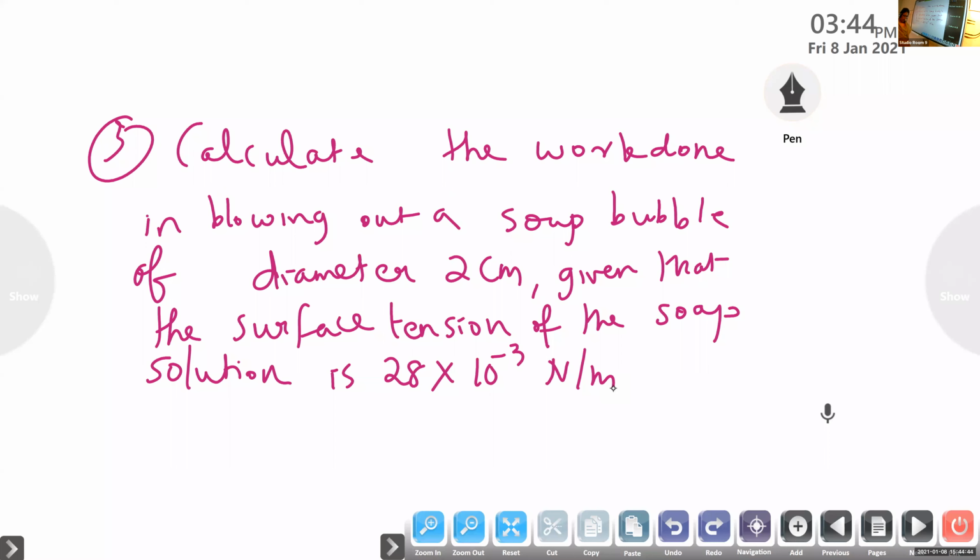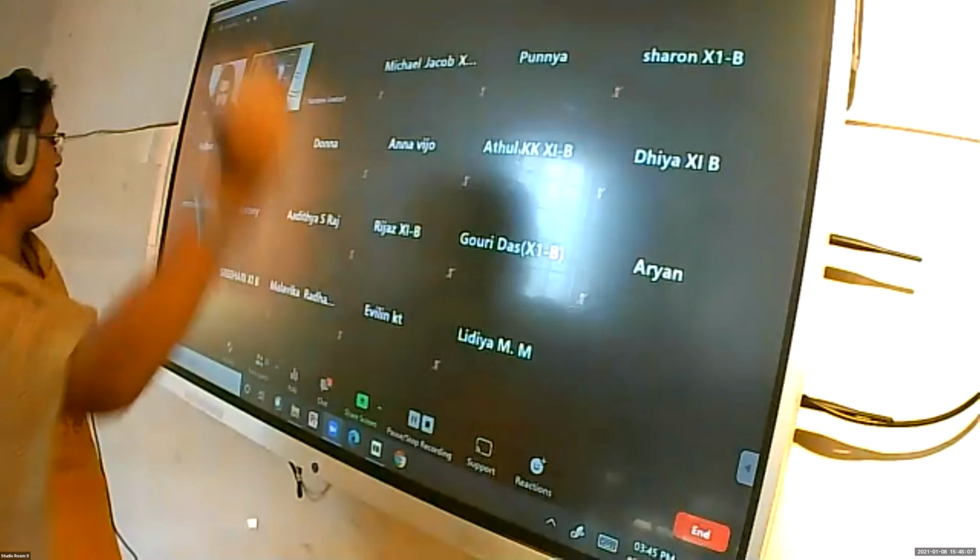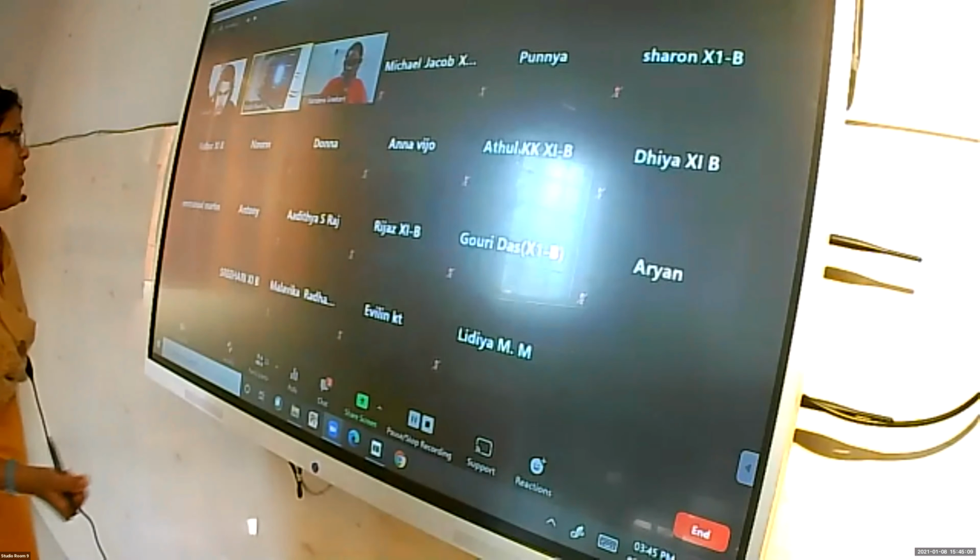So we have to understand the work done. Already you have learned in the surface energy equation: surface tension is equal to work done per unit increase in area. So work done is surface tension times area. In the case of a sphere, what is the area of the sphere? Mathematics, 9th or 10th you have studied.